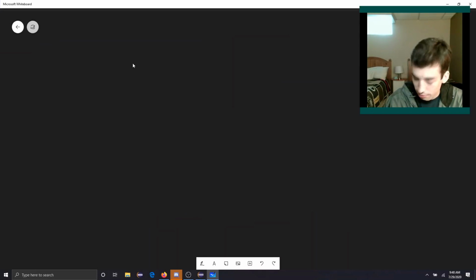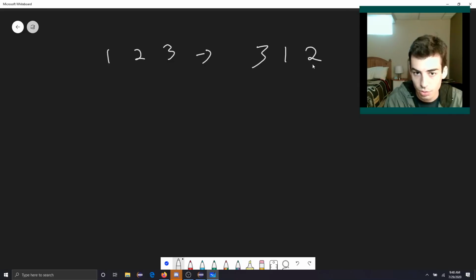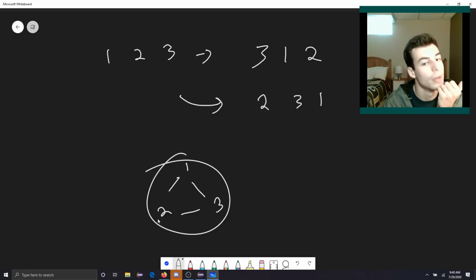So if you have 1, 2, 3, the left cyclic shift would be 3, 1, 2, and then you also have 2, 3, 1. So you have 1, 2, 3. 1 and 2 need to be the same. 2 and 3, 1 and 3. So this is all the same component, which means if it's 3 long, it all needs to be the same character. Is this always the case?